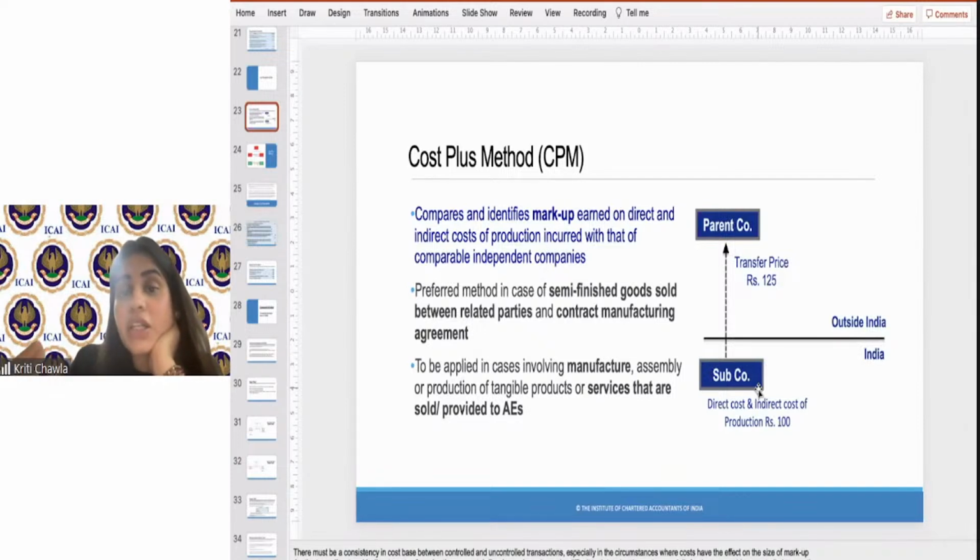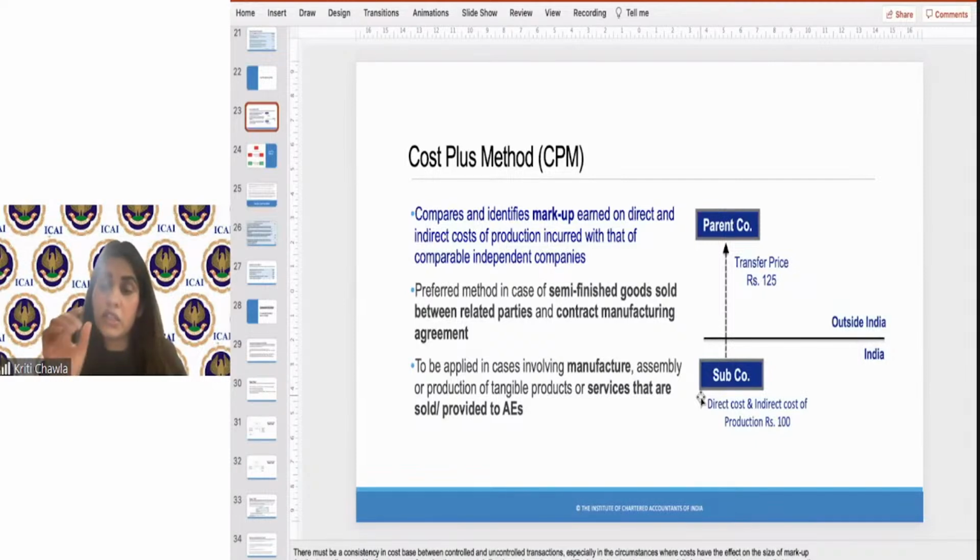Or maybe they are earning a margin which is lesser than us and we are earning a greater margin. Well, if that is the situation, then also we are at arm's length price. So what we need to do is find out the direct and indirect cost of production, find out the transfer price, which is the sale price, look at the profit margin, calculate the profit margin of our company, and then calculate the profit margin of comparable company.